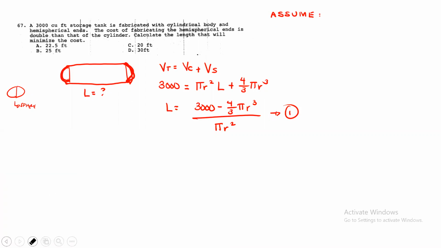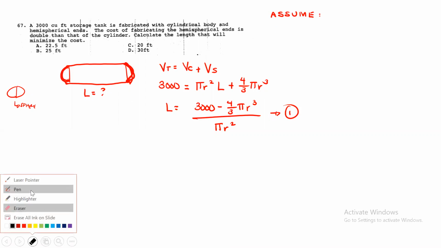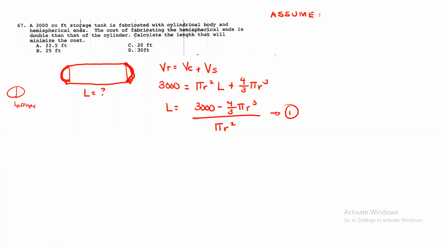So, cost ng cylinder is equals to 1 peso per feet squared. So, per feet squared area.